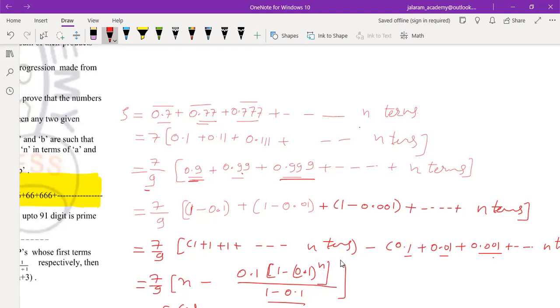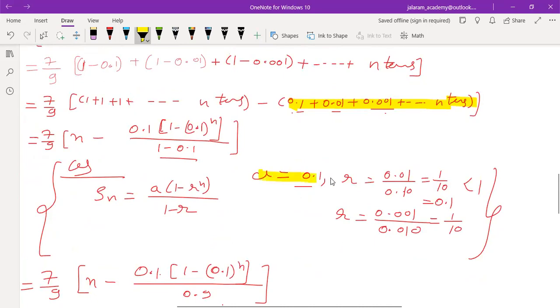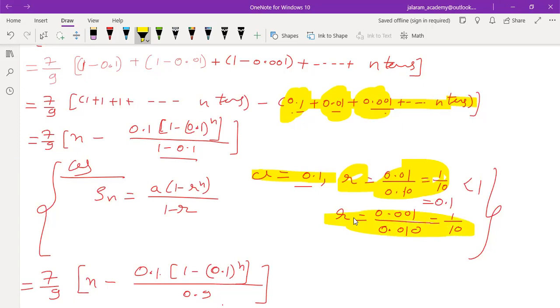The first terms are written in the first bracket, their sum is n, and the second terms are written in the second bracket, forming a GP with first term a equals 0.1 and common ratio 1 by 10.